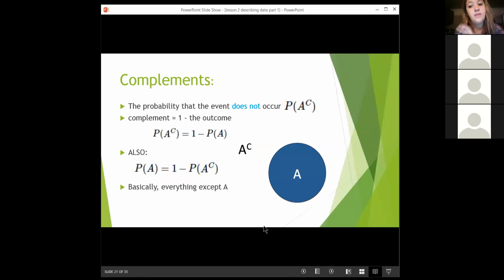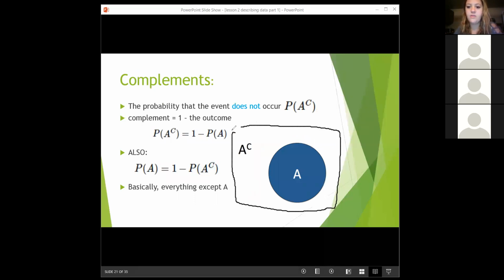Complements are just going to be the probability that an event does not occur. This should make more sense with an area around it. So let's say there's this box. Our complement is going to be all this white space, which I'm now making black. The probability of A is going to be this blue space.